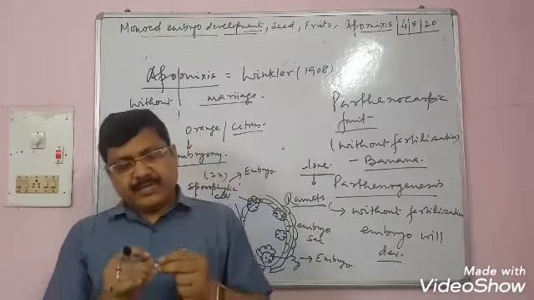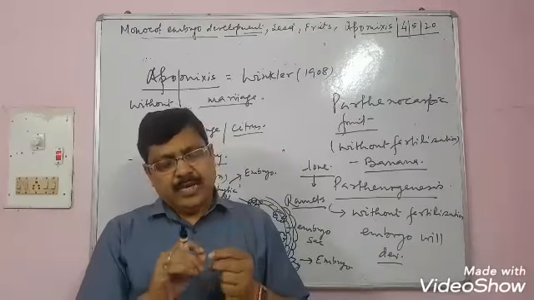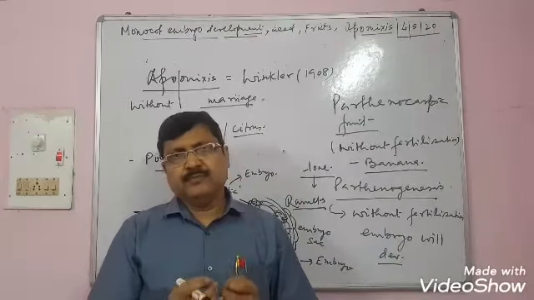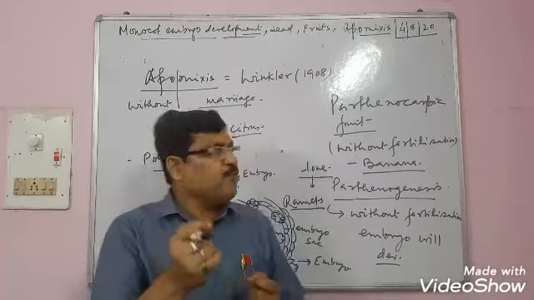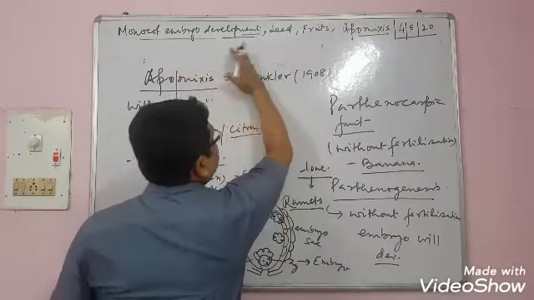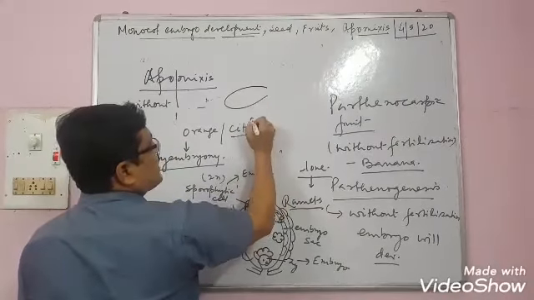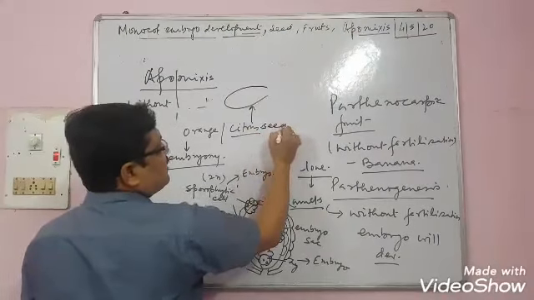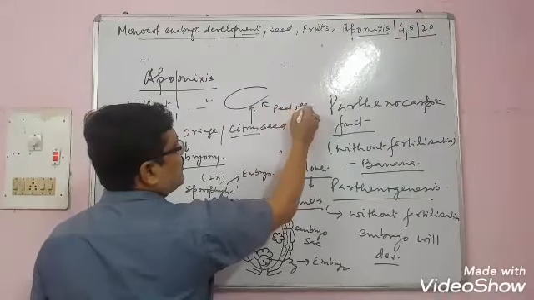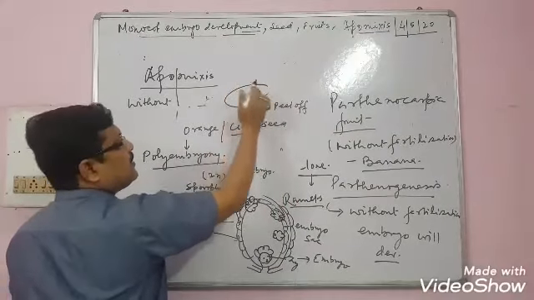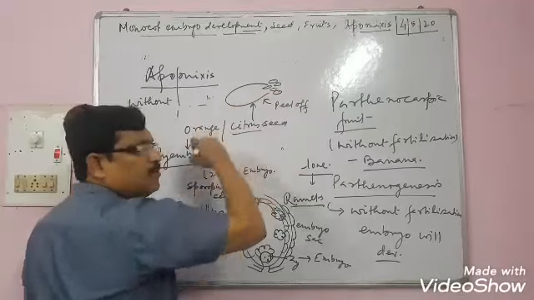When we take the seed of lemon or any orange and peel off the seed coats and push, many small structures come out.